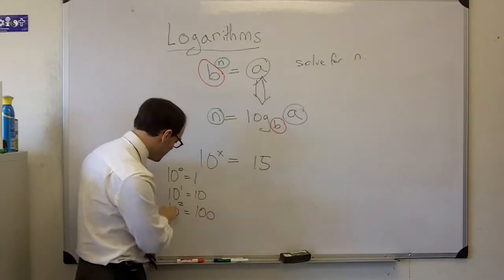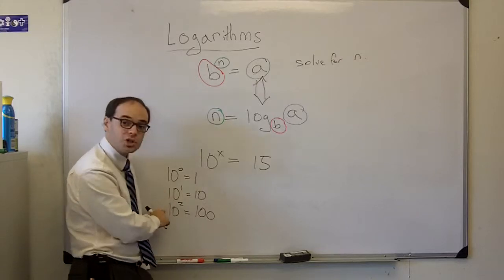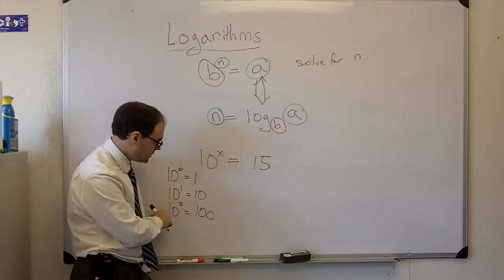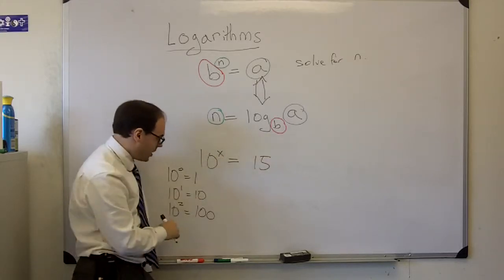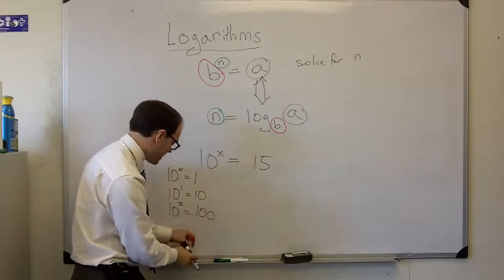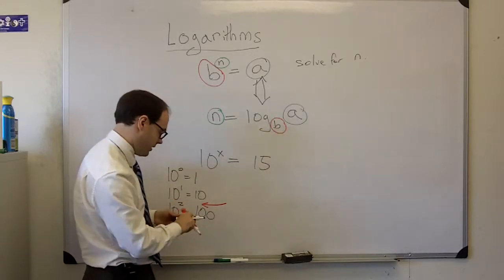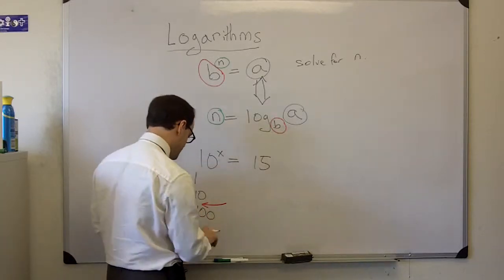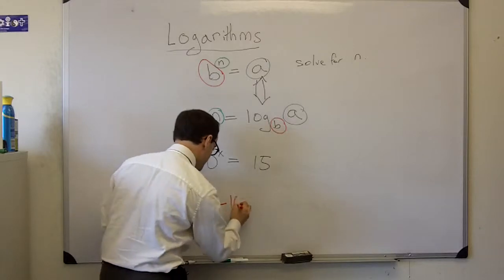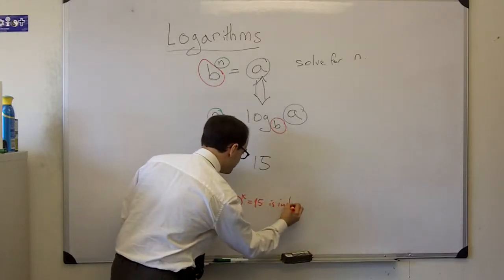Uh-oh, wait. Here we're smaller than 15, we're too small, and then suddenly we're too big. Whatever x ought to be to solve this equation, it ought to be in between here. So 10 to the x is somewhere in here.